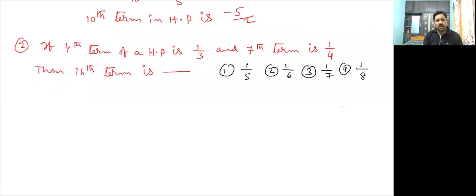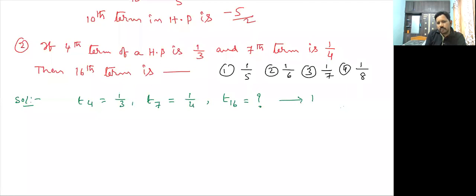The fourth term of an HP is 1 by 3. The seventh term is 1 by 4. Then the 16th term is? So they are given in an HP series. Now, first once again I am writing T4, 1 by 3, T7, 1 by 4, then find T16.